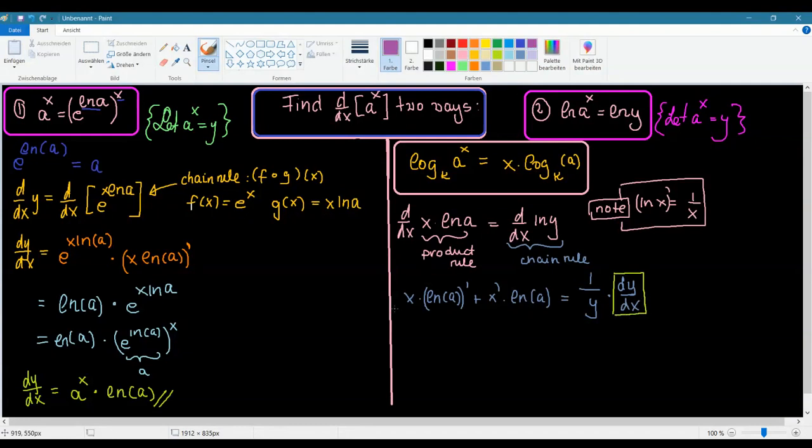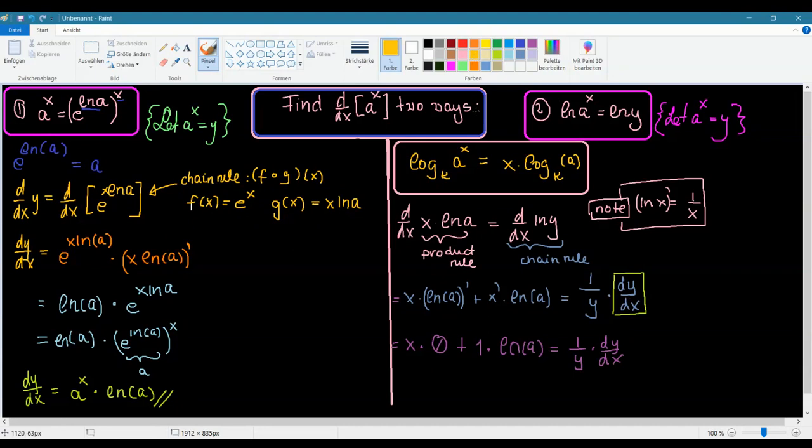So now we're going to end up with x times 0, because ln a is just a constant, plus 1 times ln of a equals 1 over y times dy over dx.